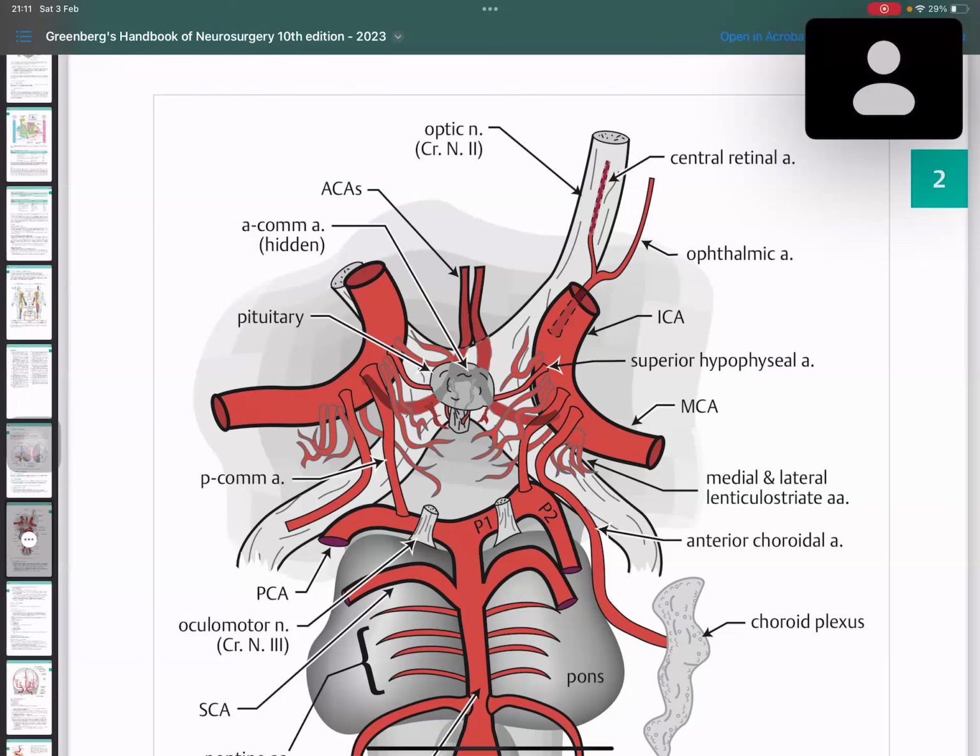It's an important vessel not to forget, especially when you're doing anterior ACOM procedures, or going for tuberculum sellae meningiomas. There's also the artery of Pacheron. It doesn't always occur, but when it occurs, it also has its own important clinical correlate.